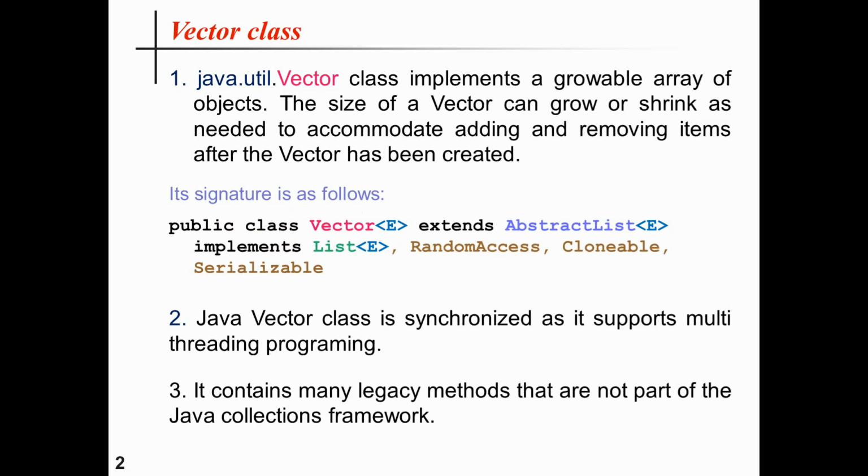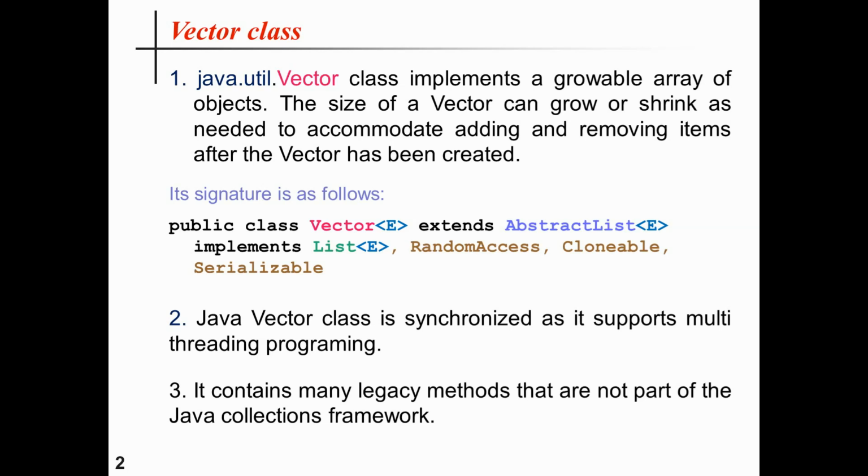Java Vector class is synchronized as it supports the multi-threaded programming concept. It is also called thread safe because when an object is to be shared among multiple threads, by using the Vector class, it will ensure that whenever one thread is operating on the shared object, it should ensure the mutual exclusion property.